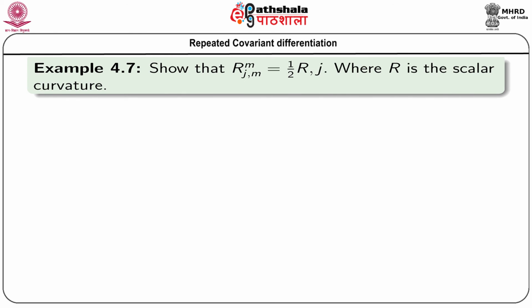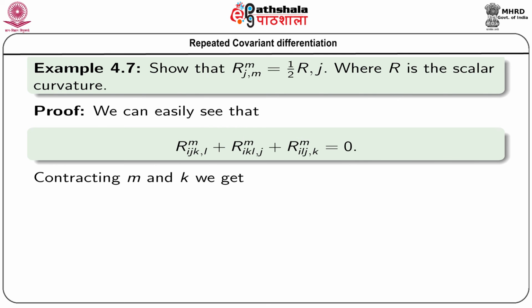Now, let us see that R^m_{j,m} equals half R_{,j}. Now, Bianchi's second identity gives us this relation R^m_{ijk,l} plus R^m_{ikl,j} plus R^m_{ilj,k} equals 0.